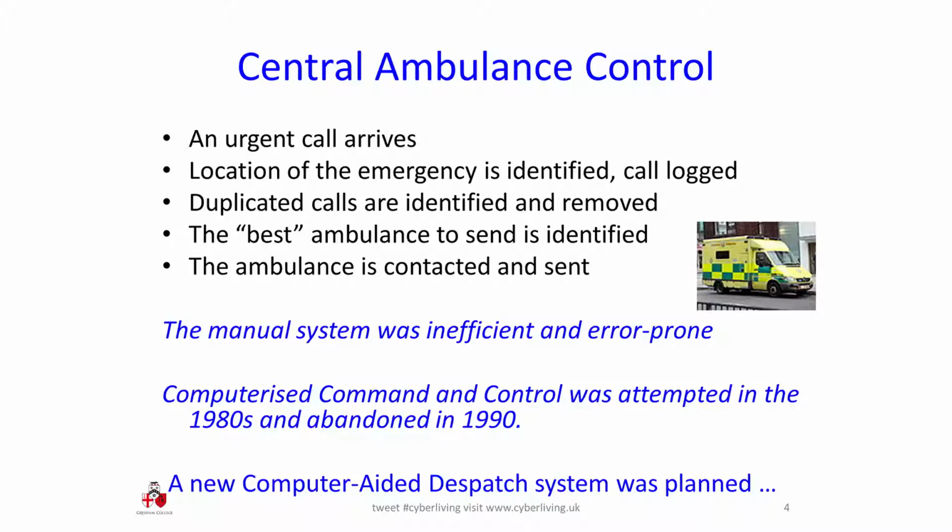You need to eliminate duplicate calls, because otherwise you end up sending too many ambulances to the same place. You need to find the best ambulance to send, usually the one that's nearest. And that means that you need to know where the ambulances are and what the status of them is, whether they are in fact free and able to move. And then you contact that ambulance and you send it. And this was done manually. And it was done using a lot of voice calls.